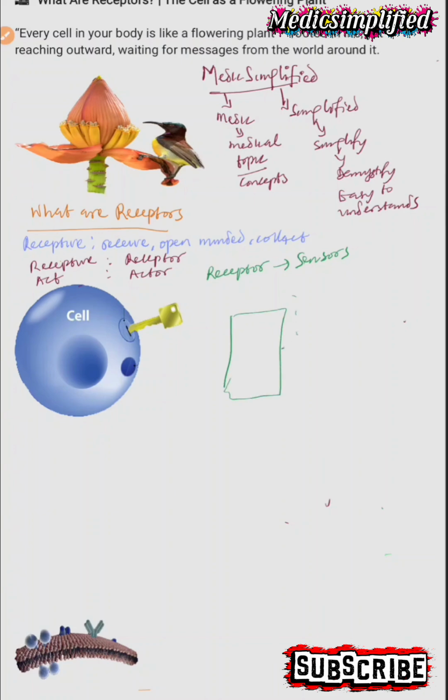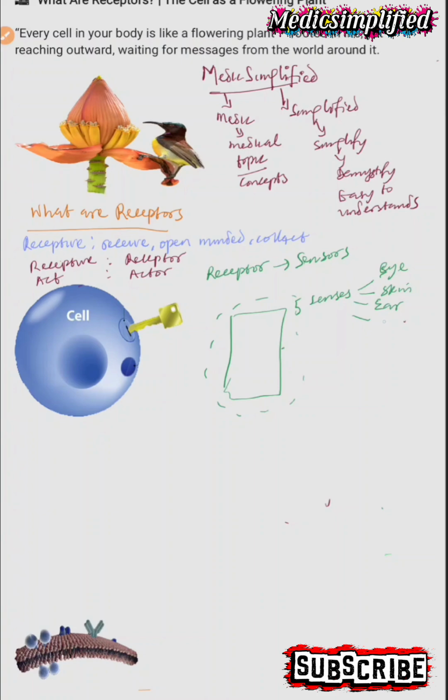Outside are the sensors, the five senses. The organ of sight is the eye. For touch, the skin senses touch, feeling, and warmth. For hearing is the ear.